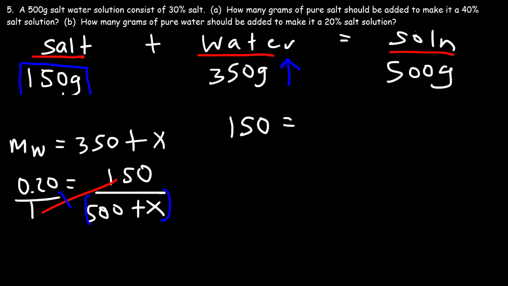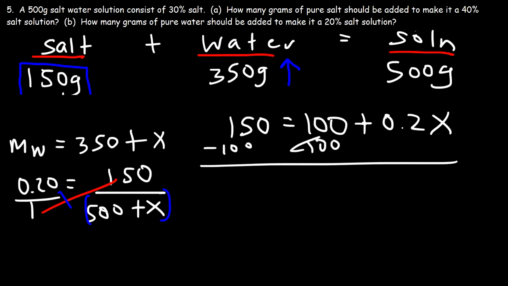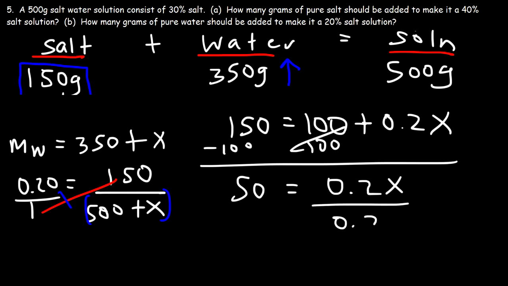So 0.20 times 500 is 100, and then we have 0.20 times x, which is just 0.2x. Subtracting both sides by 100, 150 minus 100 is 50, and that's equal to 0.2x. Next, we need to divide both sides by 0.2. So 50 divided by 0.2 is 250.